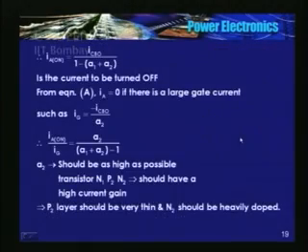P2 layer should be very thin. That is one of the differences between an SCR and a GTO. The first difference I told you is that the P2 layer is thinner compared to an SCR. And second is to increase the doping level in N2, thereby increasing the value of alpha 2.